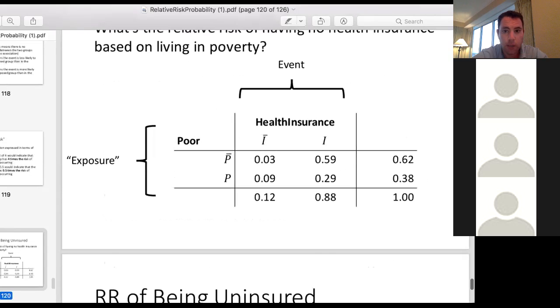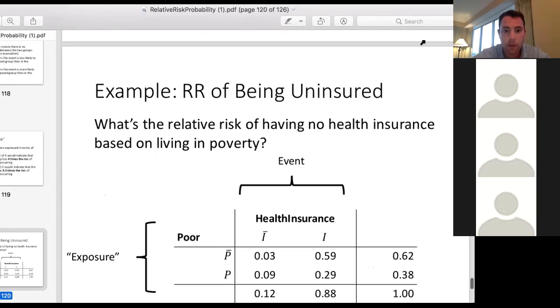So here we can look at the relative risk of having no health insurance given that someone lived in poverty.